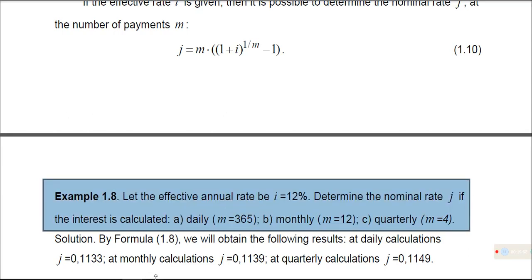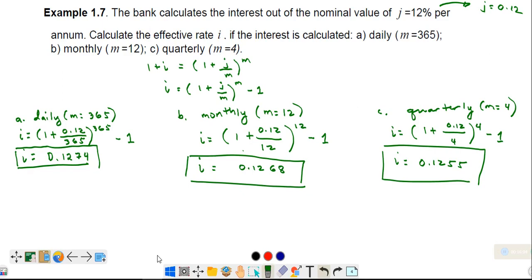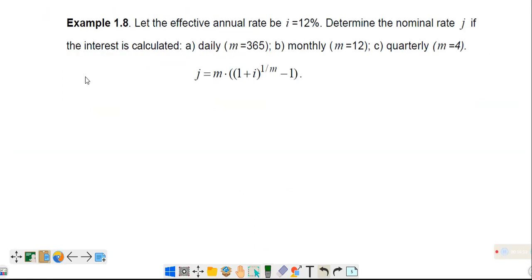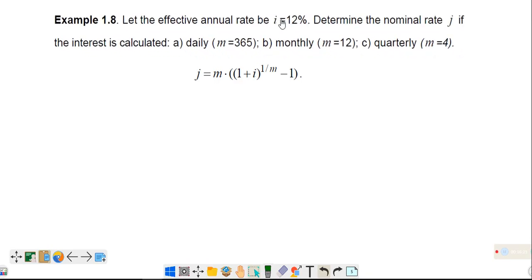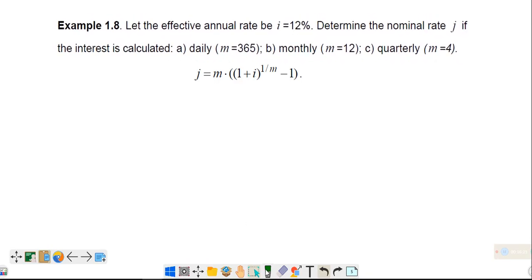Then, we are going to solve for it using our new formula. Okay, and now we're ready. So, ang I is 12%. So, this can also be written in decimal as I is equal to 0.12. So, yun lang yung kailangan natin.